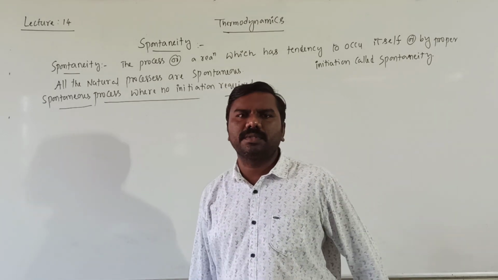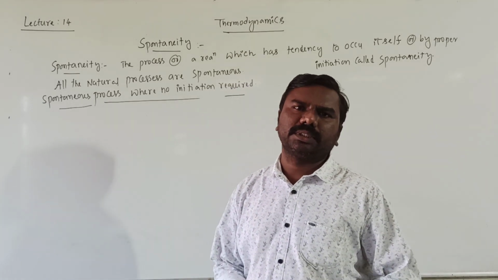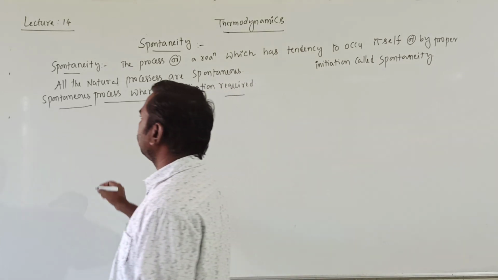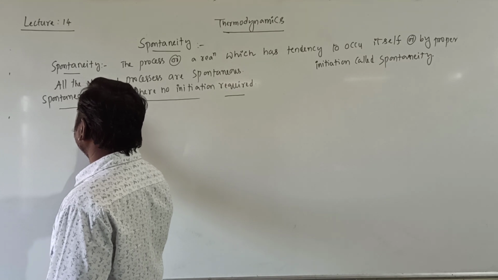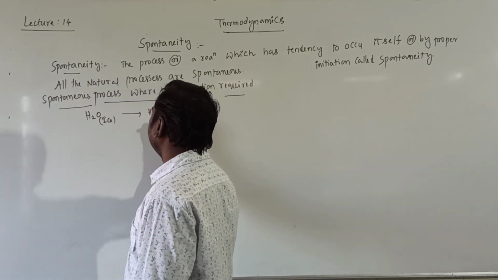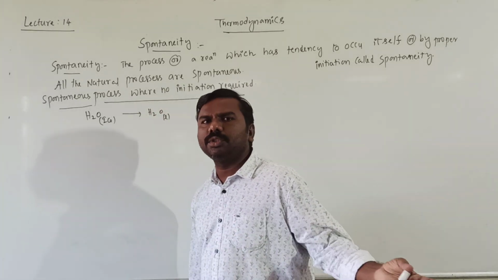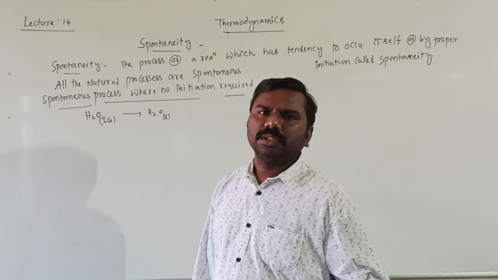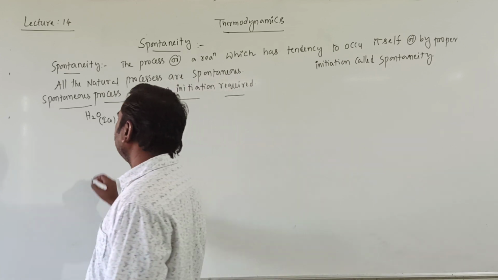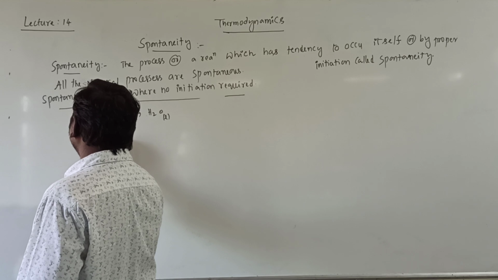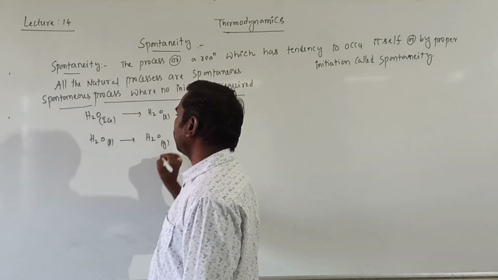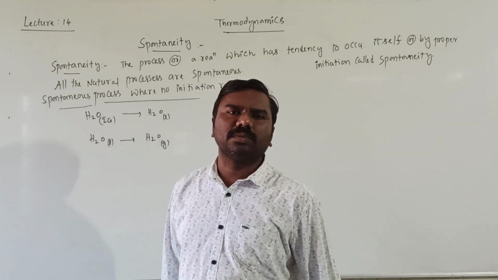Such process examples I am going to discuss. Now, ice converts into liquid water on its own. When you keep ice cubes outside, obviously it becomes liquid water on its own. H2O liquid becomes H2O gas. It means water will be vaporized on its own.